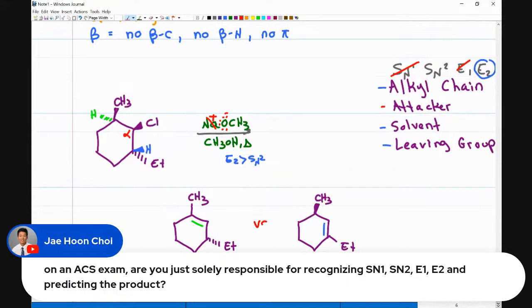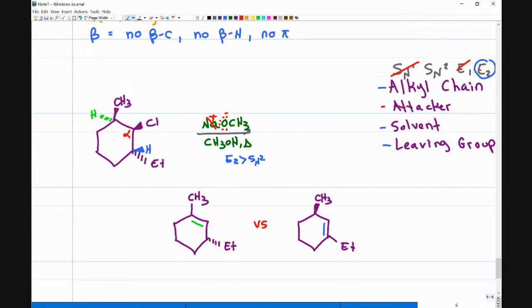Notice that according to Zaitsev's rule, they both qualify. They are the same level of substitution. And no, we're not going to get both, only one. What do you think? Which one is it? And more importantly, why?